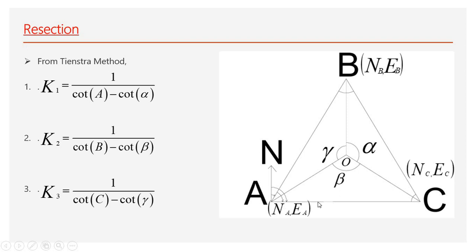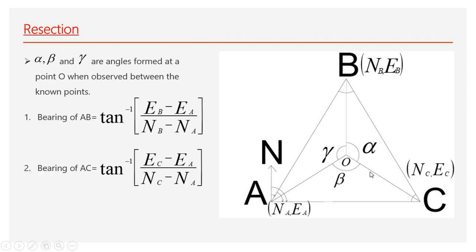But here in this case I am calculating the coordinate of point O using this line, so I am calculating the bearing of AB and AC.